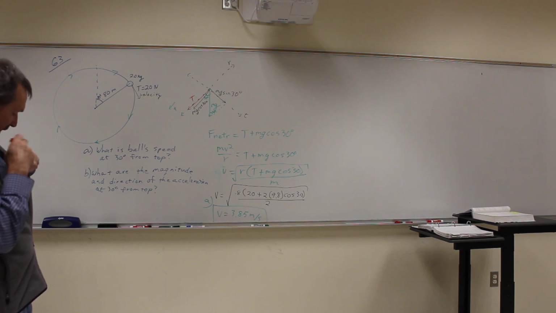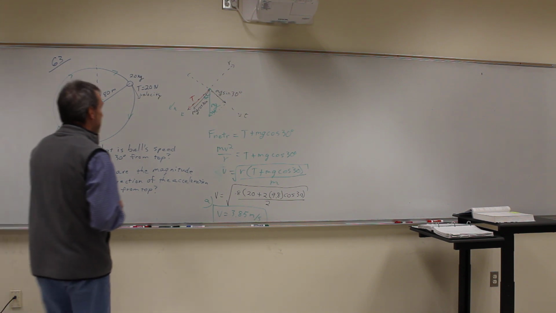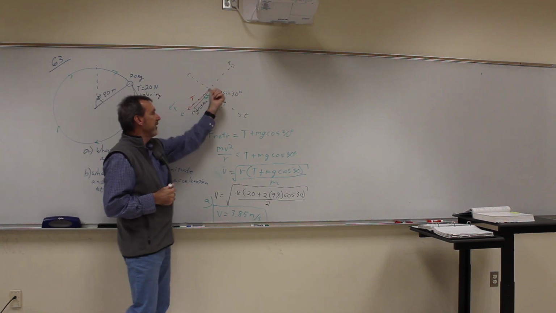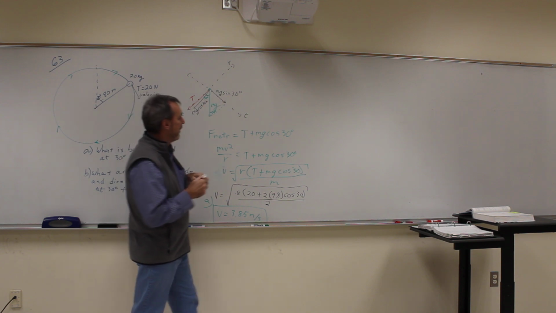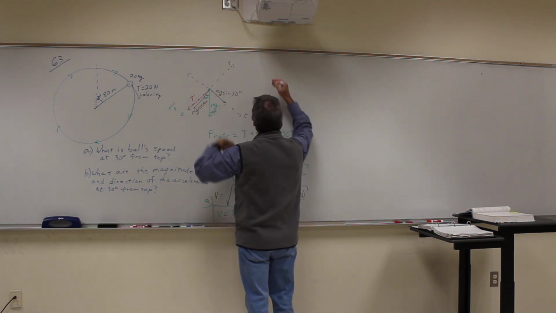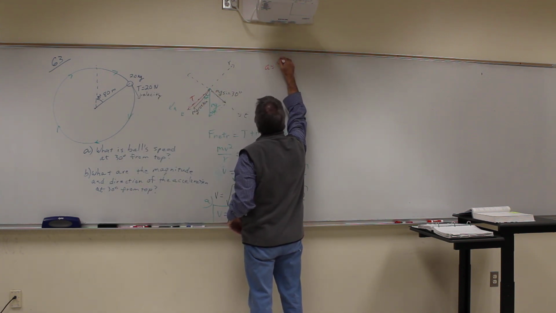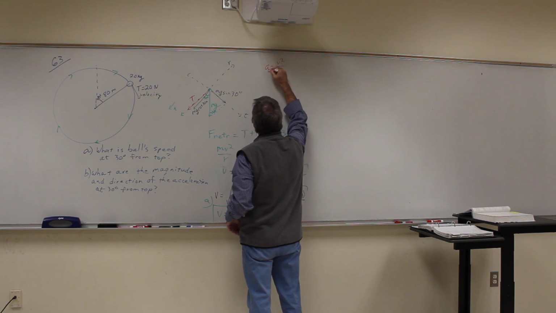we have to say, what are the two accelerations? Well, we have an acceleration that's a centripetal acceleration, and we have an acceleration that's tangential. For the centripetal one, we know that A is just equal to v squared over r. This is A centripetal.